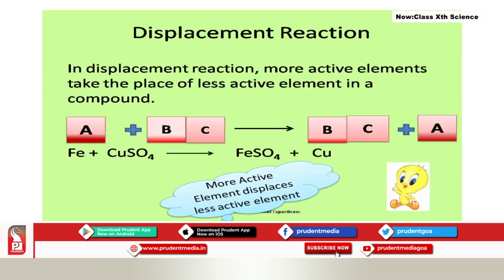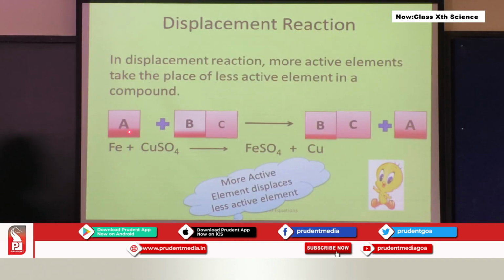The third type of reaction is called displacement reactions. Let us consider this example. The reactants are A and BC, which is a compound. What happens when A reacts with BC in displacement reaction?